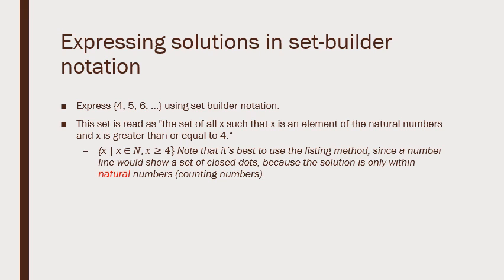So this is not going to include 5.5, for instance. You have to say that it's the natural numbers or possibly the whole numbers greater than 4, because it's not going to include a straight arrow, a line. It's only going to have individual dots.